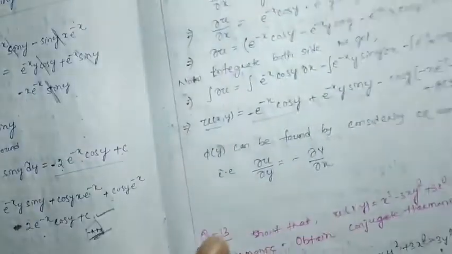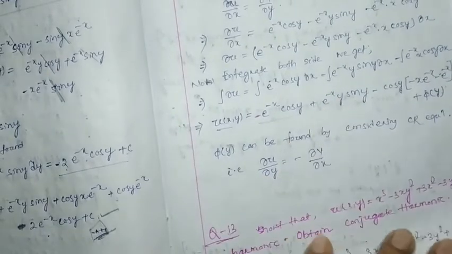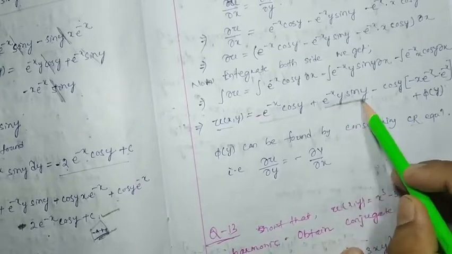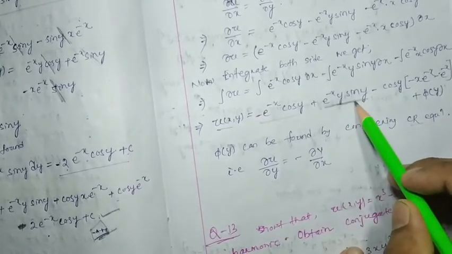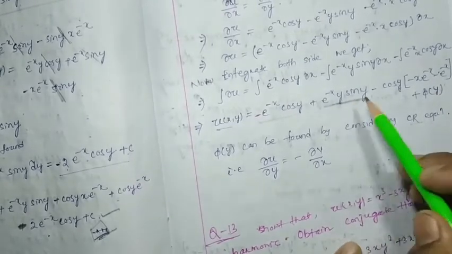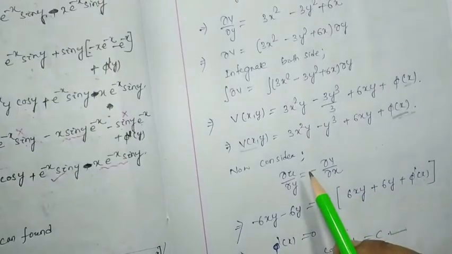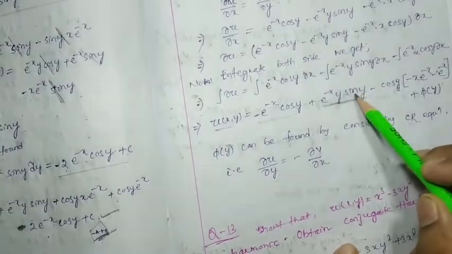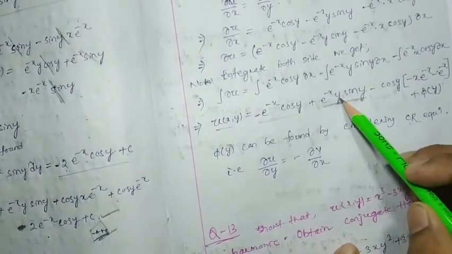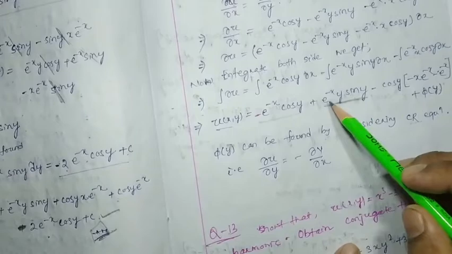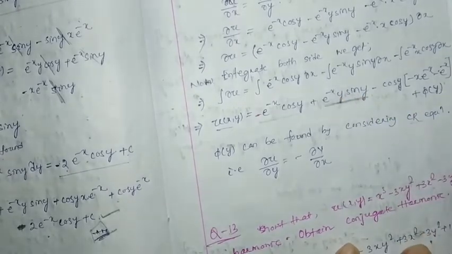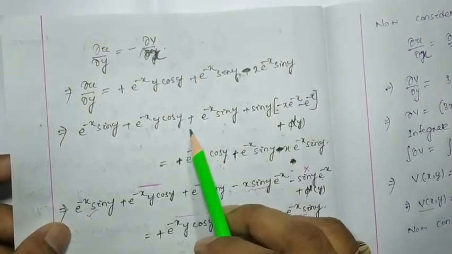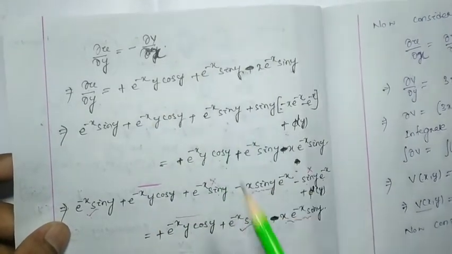Then here we take the derivative with respect to y. This term has to be considered with the product formula. First, the derivative of y sin y with respect to y is y cos y plus sin y. So e to the minus x y cos y plus e to the minus x sin y.